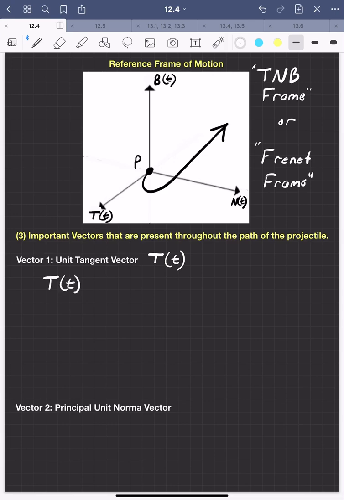So how is the unit tangent vector defined? Again, think back to you start with a vector valued function, r of t. To define this unit tangent vector, it's simple enough. It's just going to be r prime of t divided by the magnitude of r prime of t.